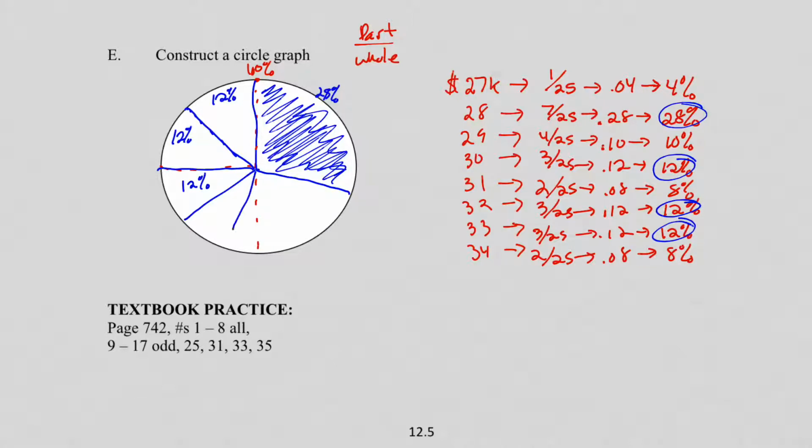So 10% will probably be right there. 8%, 8%, and let's see, 1, 2, 3, 1, 2, 3. This didn't really come out that great because 4% is a little bit too big. Actually, I can do that right there. 4%.